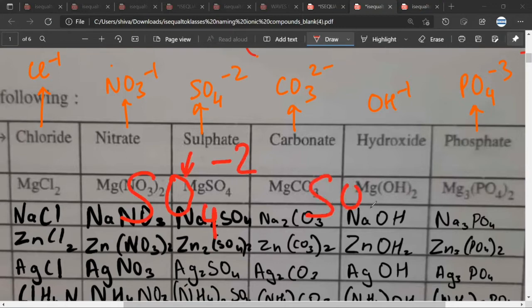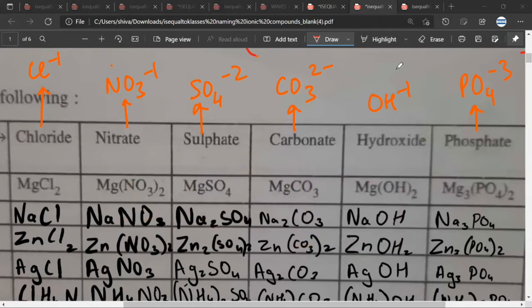What it means is that sulfate as a group has a minus 2 charge. Beta, did you understand? Yes, sir. This minus 2 charge is over the whole of sulfate. Is it making sense now? Yes, sir.